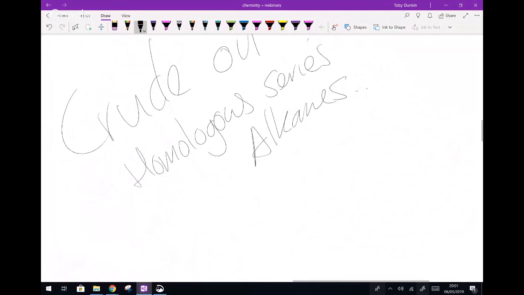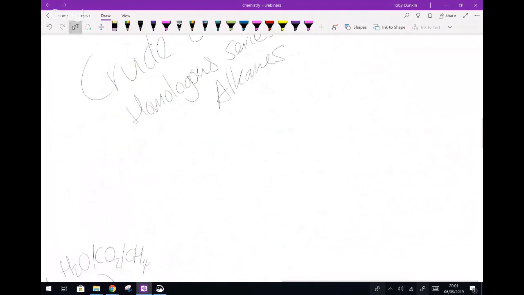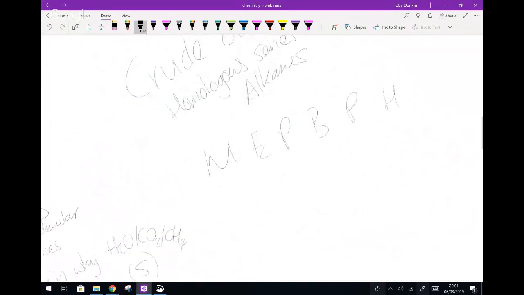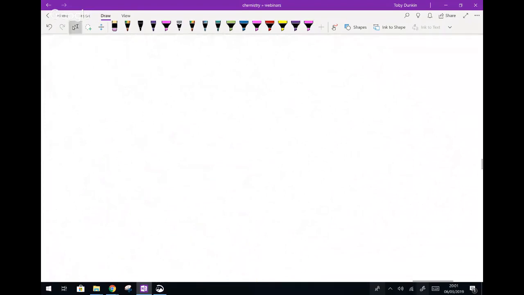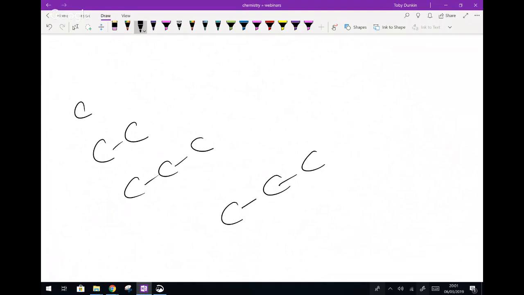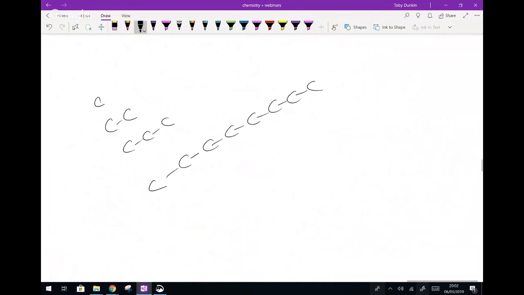So we start off with propane, butane, pentane, hexane, heptane, octane, nonane, decane, and the chains are getting longer. There's 1 carbon, then it gets bigger to be 2 carbons, and then 3 carbons, and before you know it, you've got them in the 20s and the 30s, and the molecules are getting bigger.